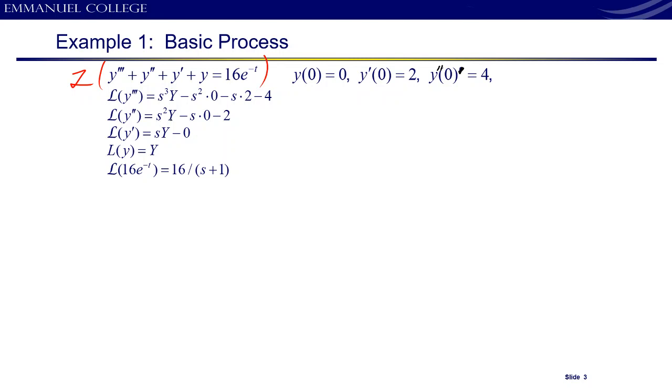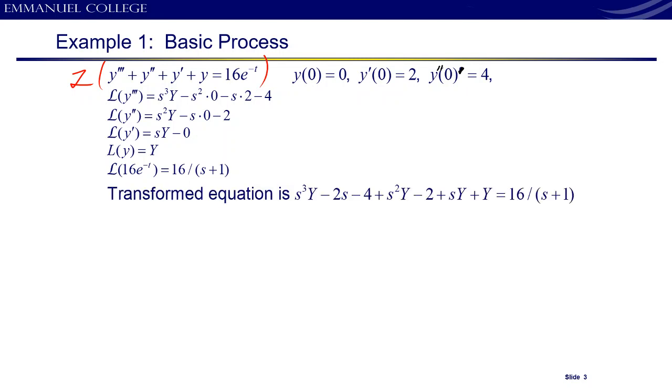And then notice here, s squared y minus s y of 0 minus y prime of 0. And you get the picture. And then e to the negative t, that's just a simple Laplace transform.